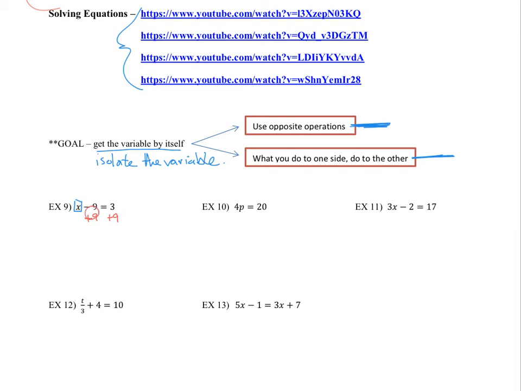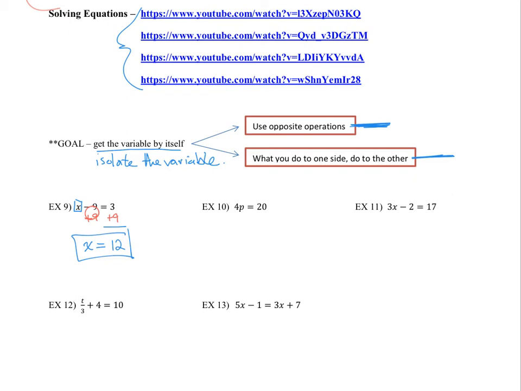So they reduce away to 0. Most students like to say they cancel to 0. So on the left side of the equation, we're just left with x, and on the right side, if we just add 3 and 9, we will get 12. We've isolated the variable: x equals 12.